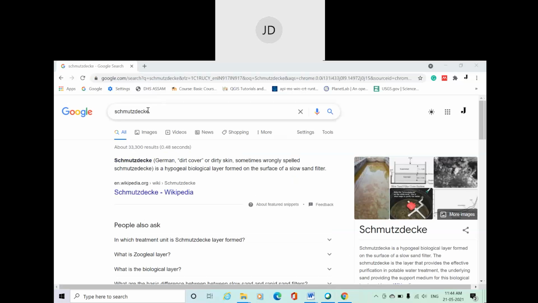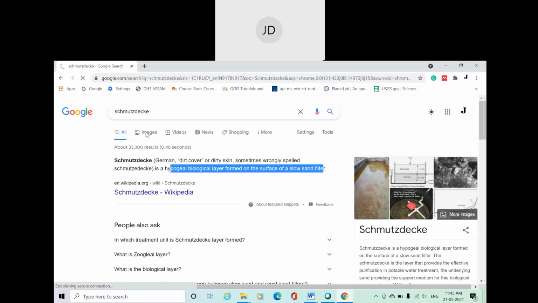It's actually a German word, used to represent the layers of impurity or biological film. In some exams this word also came, Schmutzdecke. It represents the biological film on the surface of the Sloshing filter.